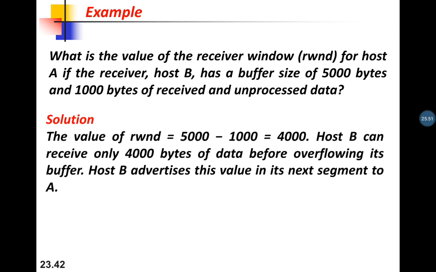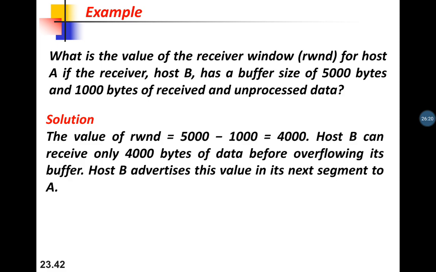So let us see one example. What is the value of RWND for host A if the receiver host B has a buffer size of 5000 bytes and 1000 bytes of received and unprocessed data? As I told you in the earlier slide, the receive window is calculated as buffer size minus the number of waiting bytes to be pulled.